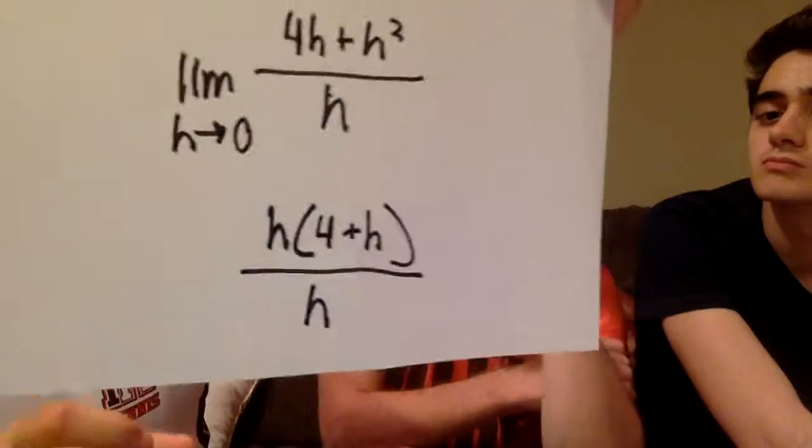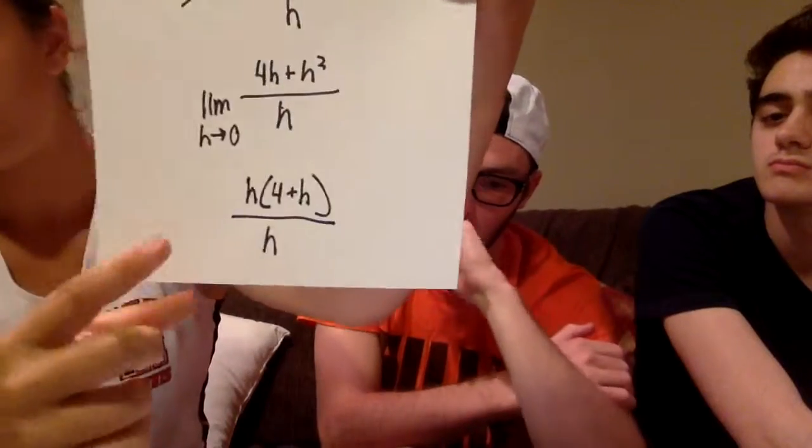So h times 4 plus h all over h, and then these two h's cancel out, and you are left with the limit as h approaches 0 of 4 plus h.